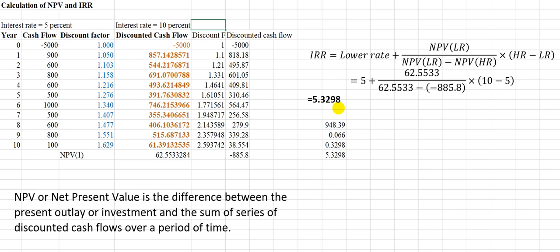The answer 5.3298 is correct, because we can also see from the two NPVs that the value of NPV1 is nearer to 0 in comparison to NPV2, which is minus 885. So the value must lie near to 5, not near to 10. So our answer is 5.3298. Thank you.